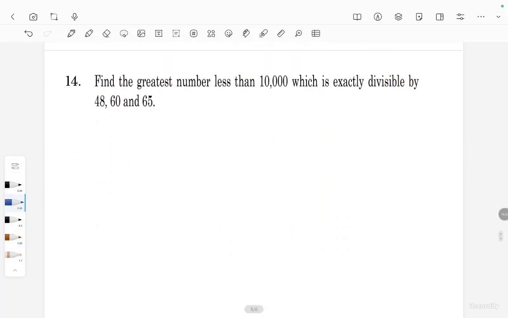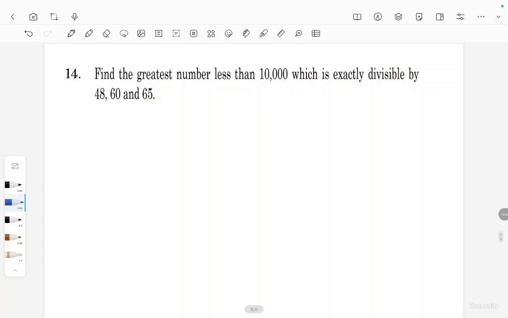Next, very important, most important question. Find the greatest number less than 10,000 which is exactly divisible by 48, 60 and 65.